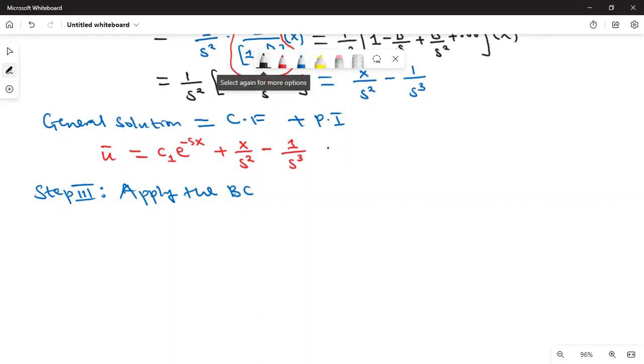We are given from the problem that u of 0, t is equal to 0. But you see this solution is in terms of the Laplace transform. Let me write in a proper way. So, we need to know what is the Laplace transform of this condition.